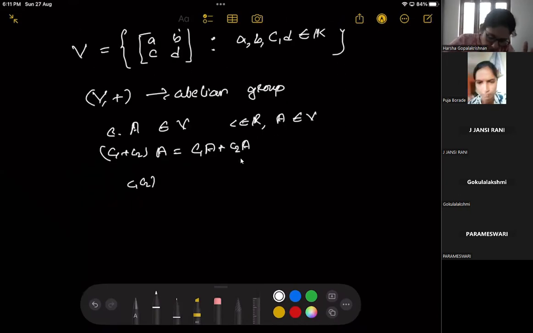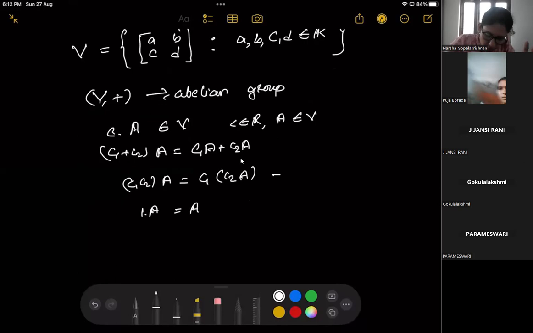And (C1 C2)A equals C1(C2A). And 1 times A equals A. So one is the identity here. So just go through all the conditions to be a vector space and verify all the things. So V is a vector space.